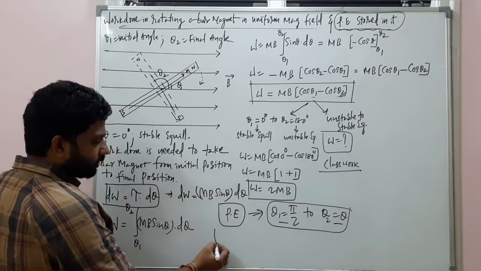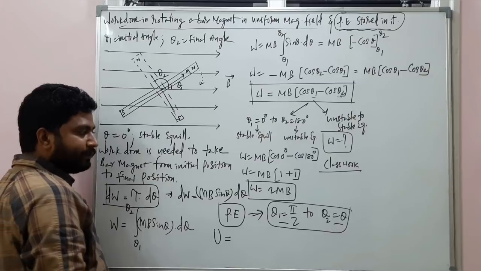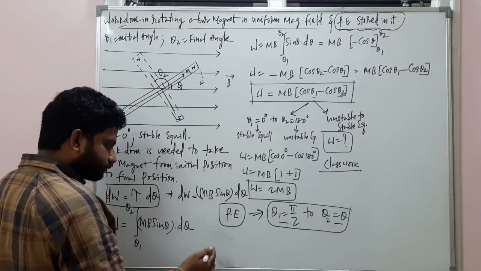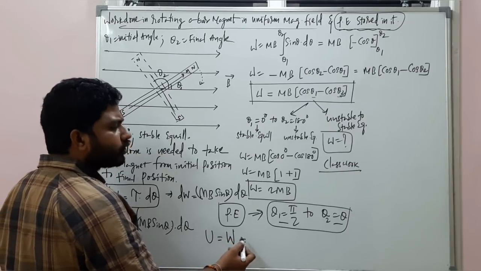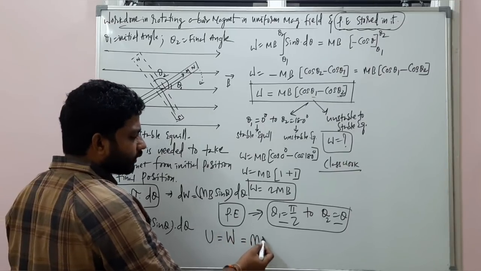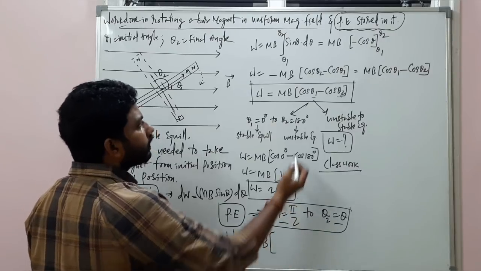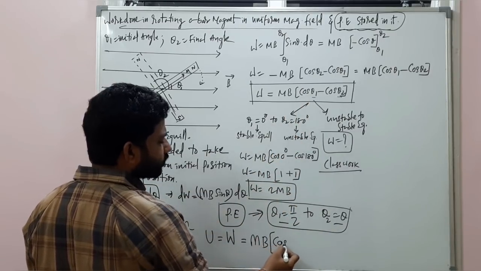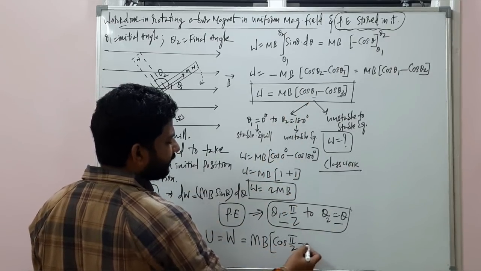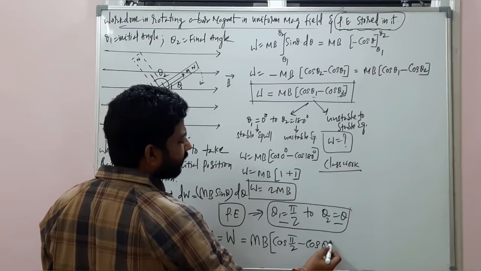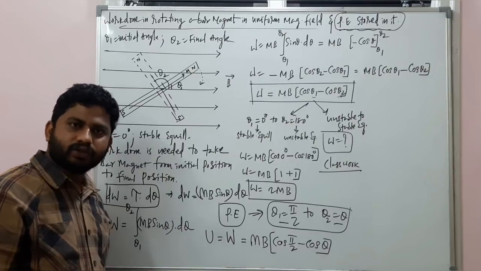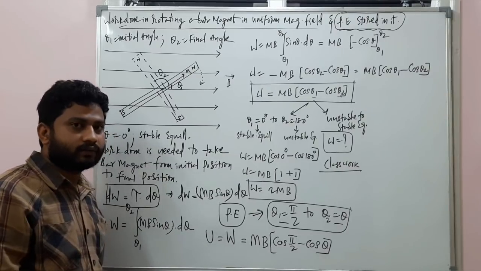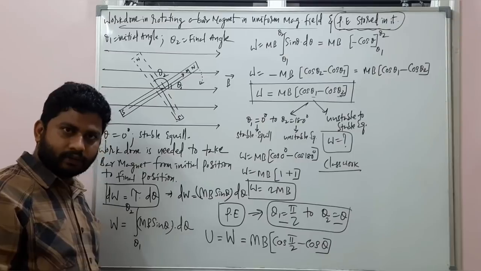Let's see, the potential energy U is equal to the work done needed to rotate, which is MB into cos theta 1 minus cos theta, that is, cos 90 minus cos some angle theta. Understand? Clear?